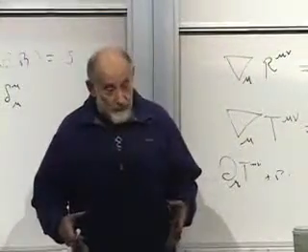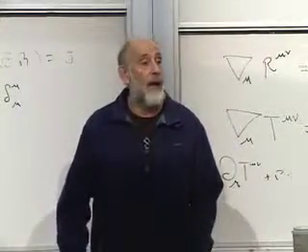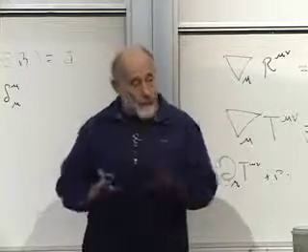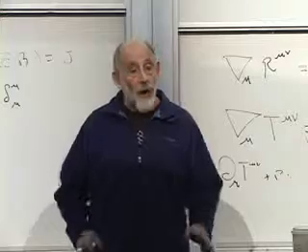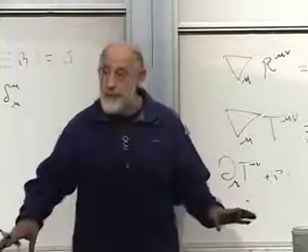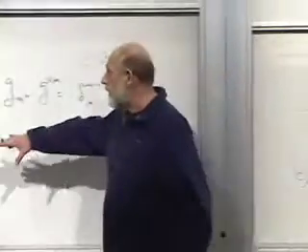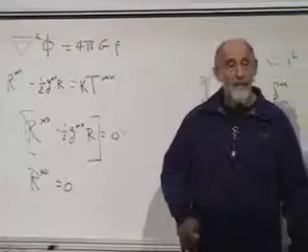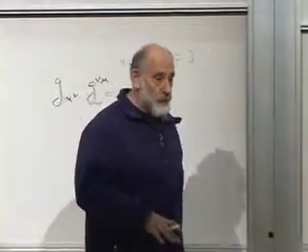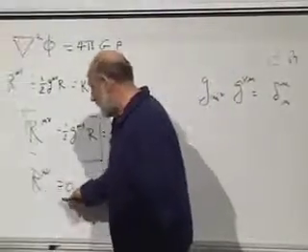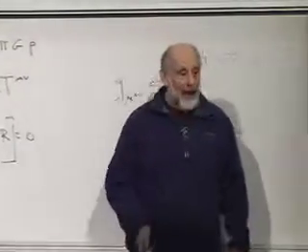There is no other information, and therefore in a world of 2 space, 1 time, 3 dimensions, there are no gravitational waves. Any place in space where there is no material, no energy and momentum of this type, space-time is flat. Not just Ricci flat. Ricci flat is the statement that the Ricci tensor is 0, but just plain flat.